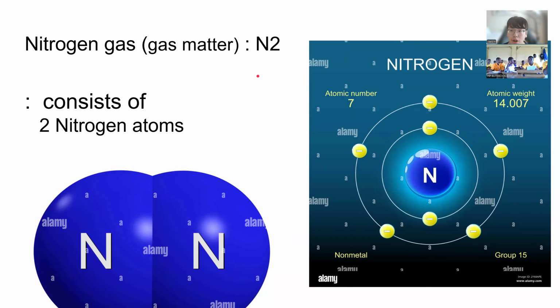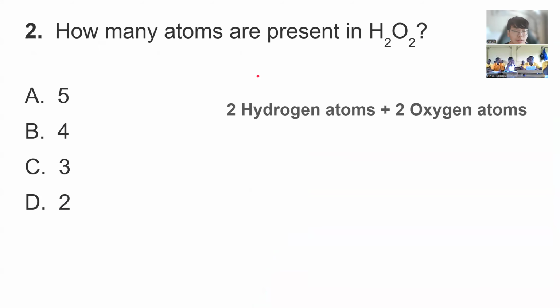Now, let's try this question. How many atoms are present in H2O2? How many are there in total? Does anyone want to answer this question?